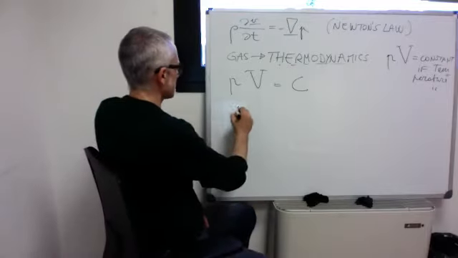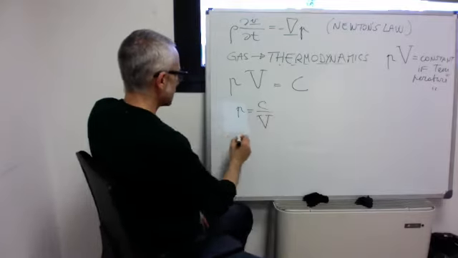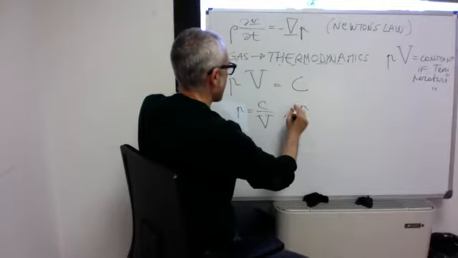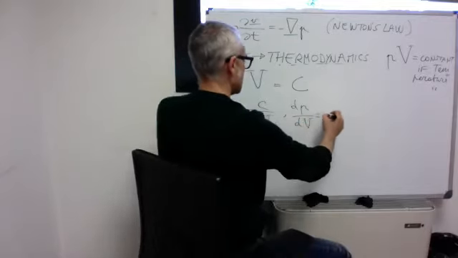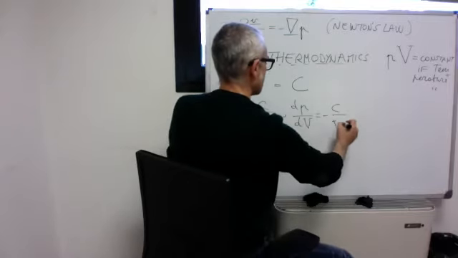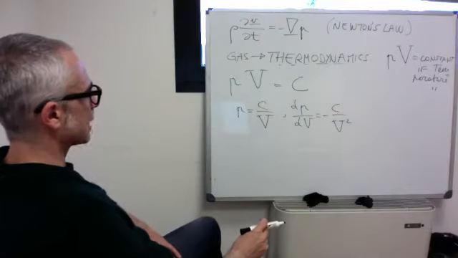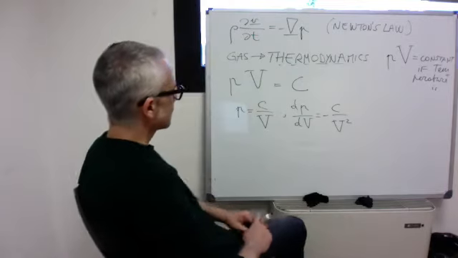P is equal to C over V, and so dP over dV is minus C over V squared. Now it's making more sense.